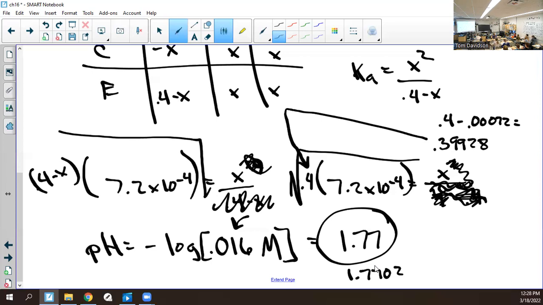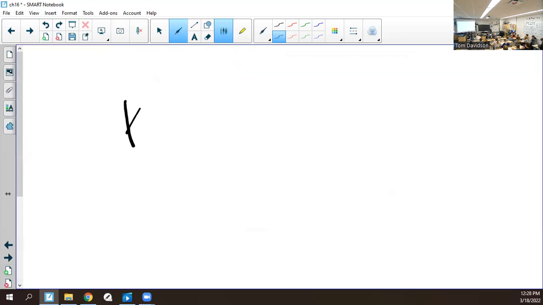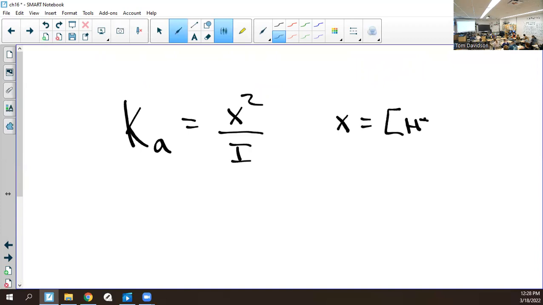Good. So what I want you to memorize on these problems is that the Ka for an acid can be generalized to be x squared over the initial concentration, and that x is equal to the H plus concentration, and that pH can be found by taking the negative log of x.